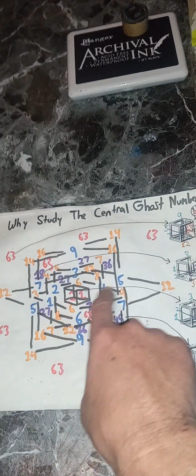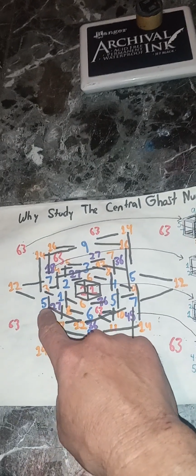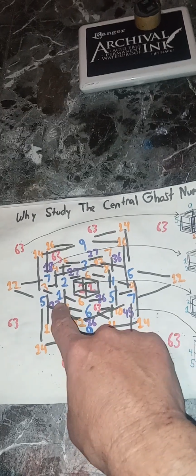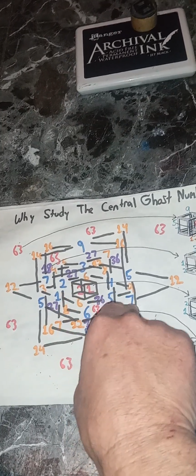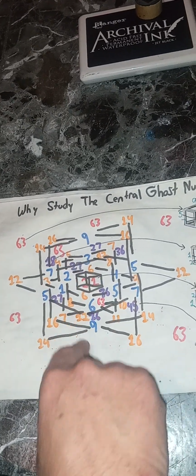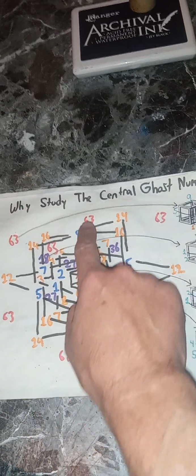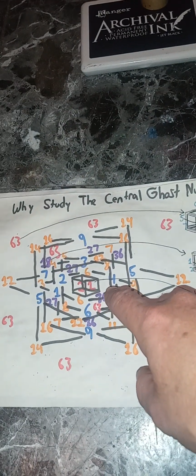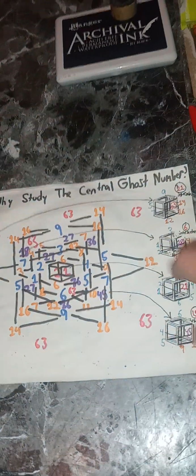And outward, using the commutative property, there's 5 on both sides of 1 and 4, 1 plus 4 and 4 plus 1. 2 plus 5 gives 7, 5 plus 2 gives 7, 3 plus 6 gives 9, 6 plus 3 gives 9. You just have to see that video to understand the complete way of constructing a basic magic ghost number cube.